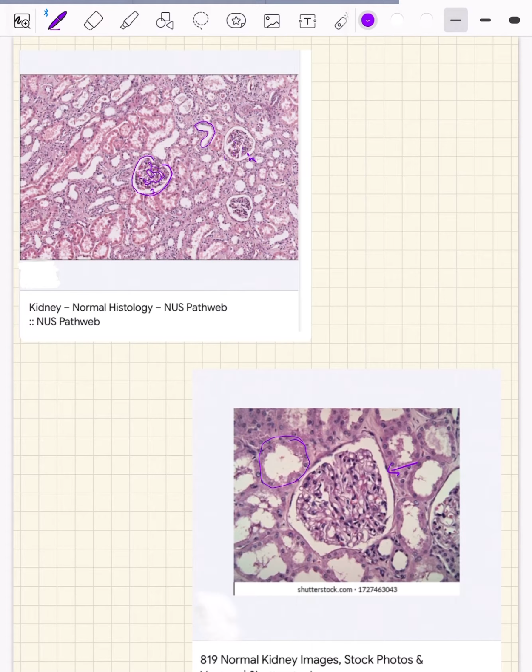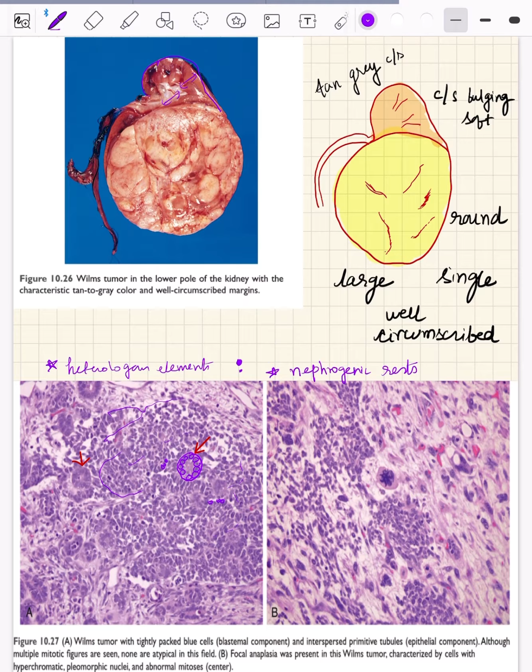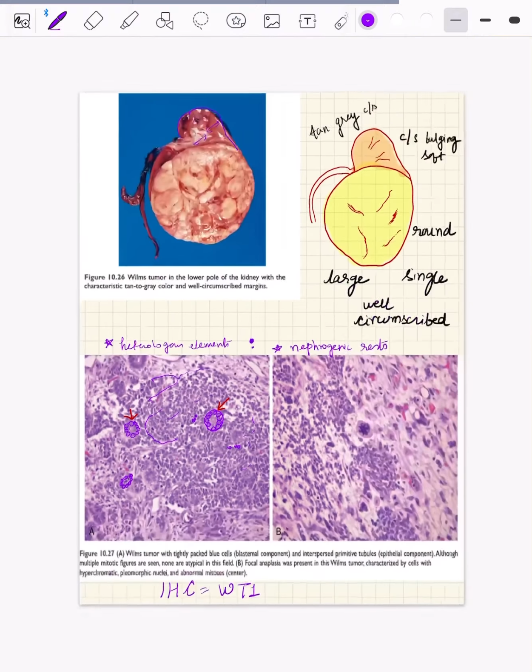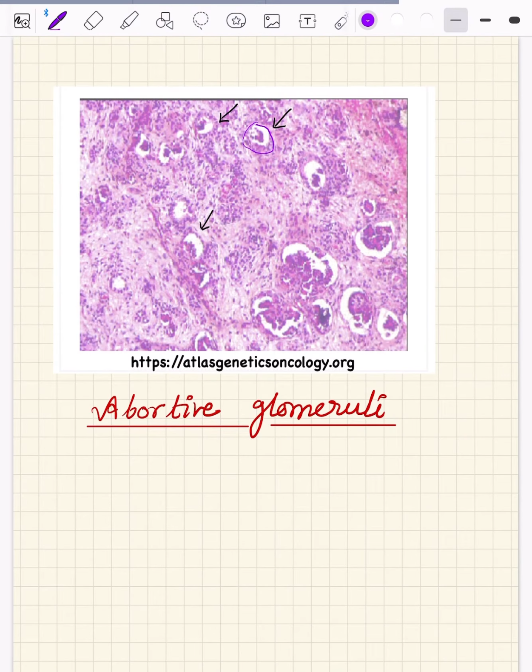But in Wilm's tumor, we see the abortive tubules and abortive glomeruli. So these are the tubules. These are the cells of the Wilm's tumor which are trying to form a tubular structure here. So there is a tubular structure, and sometimes they form a rosette-like structure, and they also try to form glomeruli-like structures.